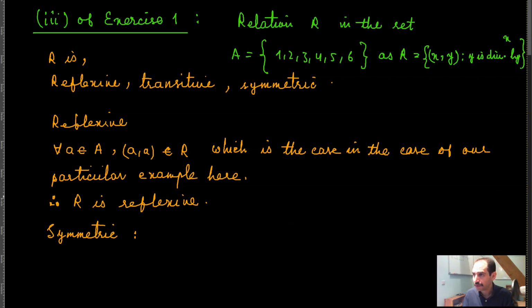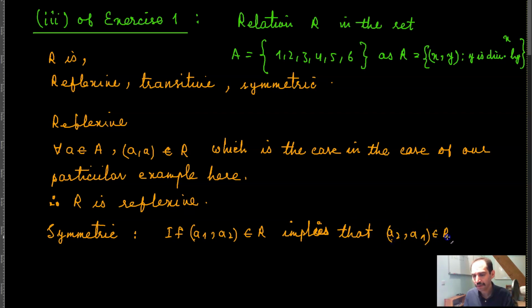So the way that we originally stated this, we said that if A1 comma A2 belongs to R, implies that A2 comma A1 belongs to R for all A1 and A2 belonging to A, right?